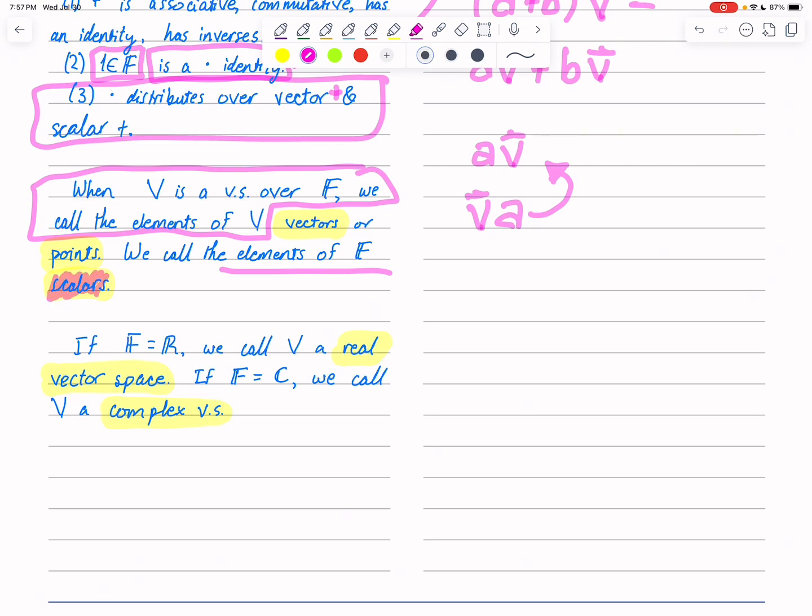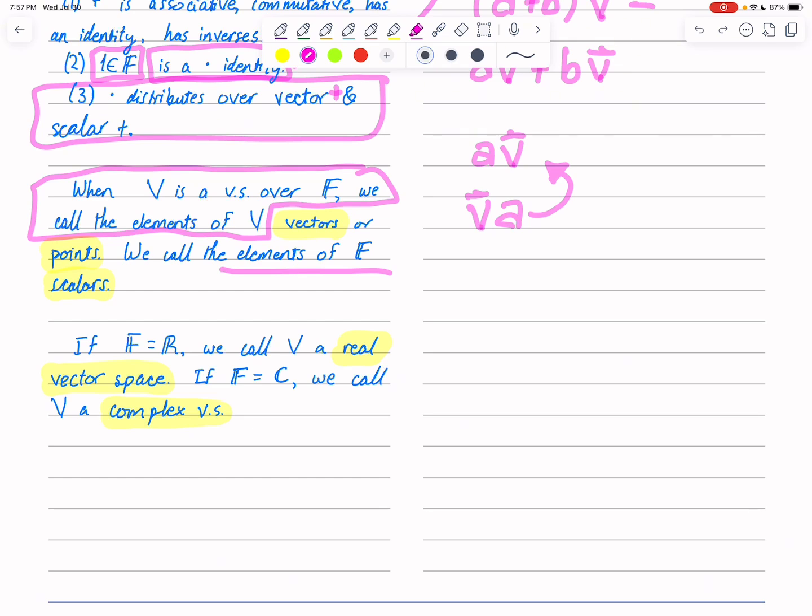I've been talking like this for a while now, and I hope that has made sense, but we're now making those definitions official. Vectors are simply elements of something that satisfies the vector space properties. Scalars are things that satisfy the field part of the vector space properties.